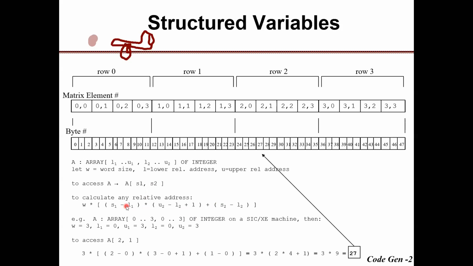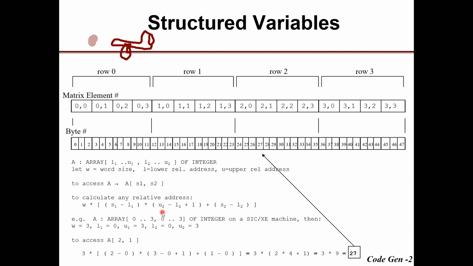So we would just have S1. And if it was 2, we wanted to go to row 2, then we would simply need to say, we need to figure out how to get word size, which is here, 3 times that. And maybe there's a little bit more work that needs to go on in here, because how did we get to 24 from there? All right, so we still have to worry about these terms, even when it's 0.